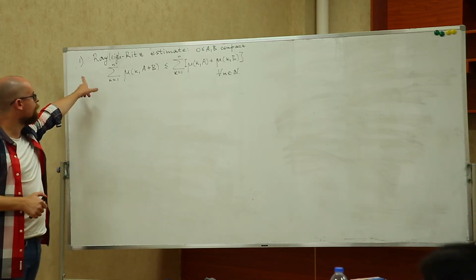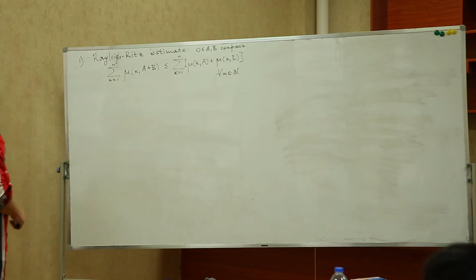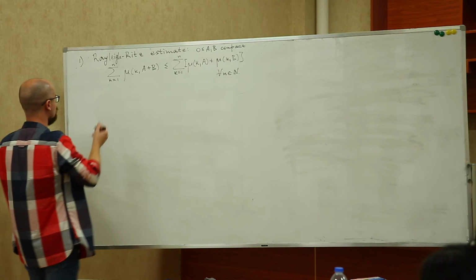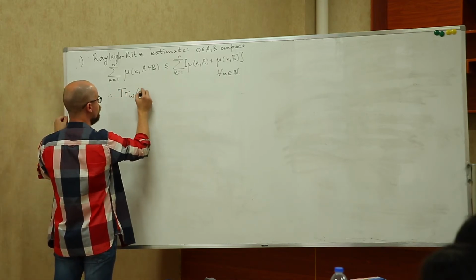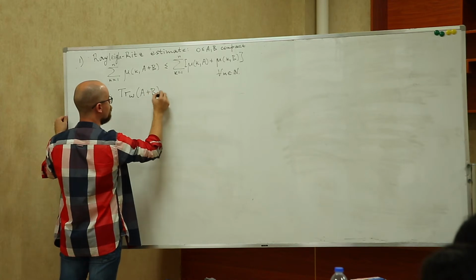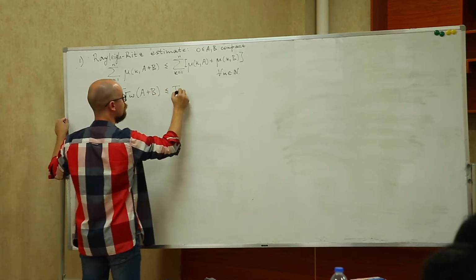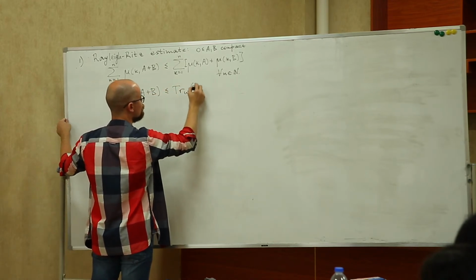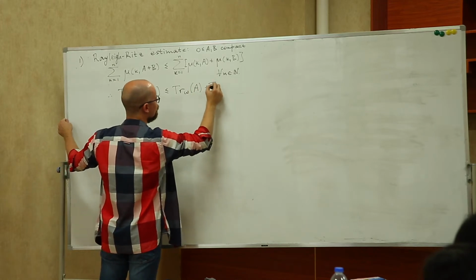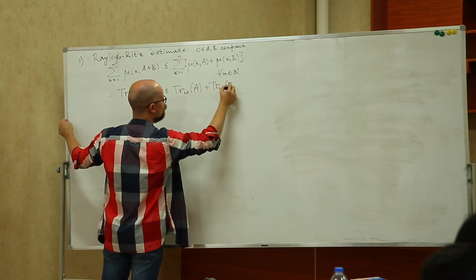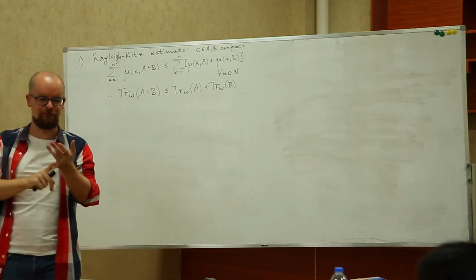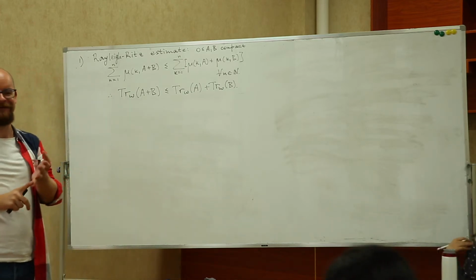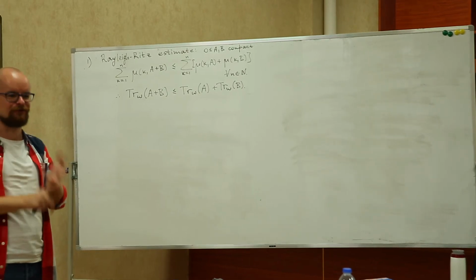So now if we divide this through by phi n, then we will get nothing but the Dixmier trace of A plus B less than or equal to, I already call it the Dixmier trace, although we have not proved the linearity and we have not shown that it's a trace.